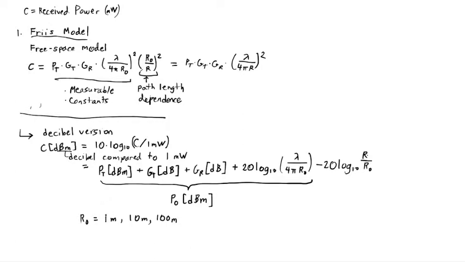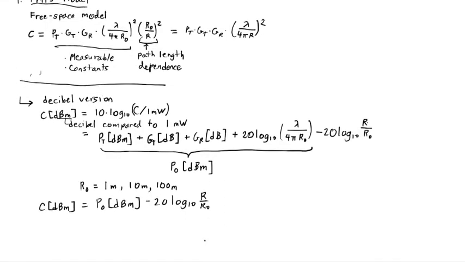You might measure them if you can't, or if you want to know for sure. Okay, so this is our equation now: C in dBm, the received power, is equal to this reference power, P0 in dBm, minus 20 log base 10 of R over R0.